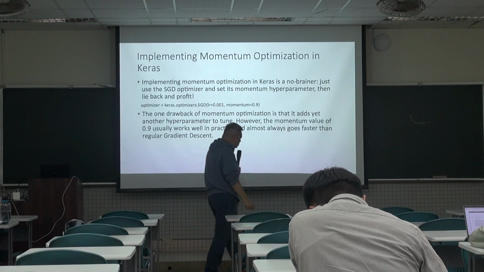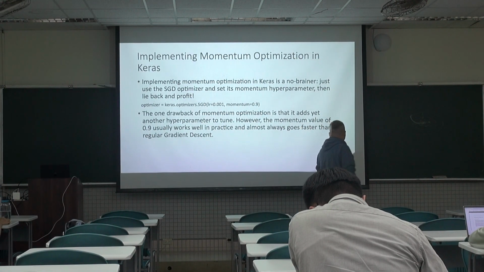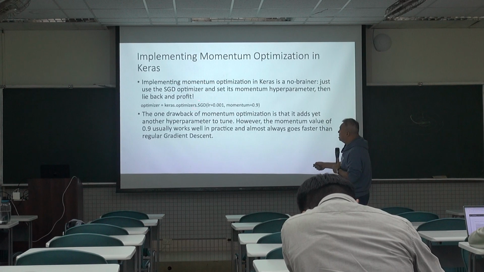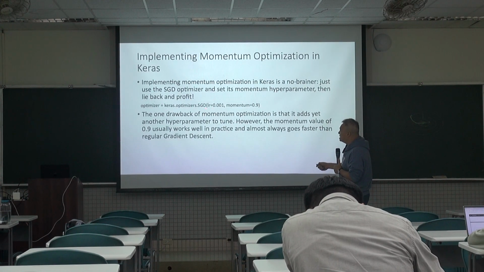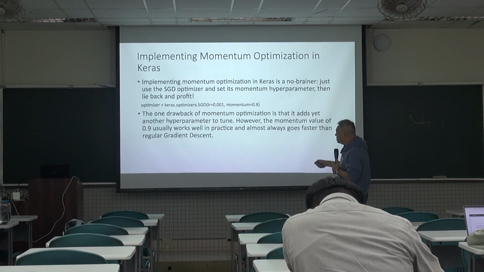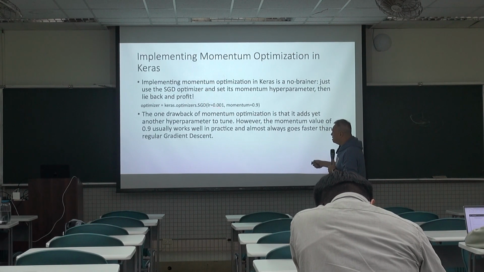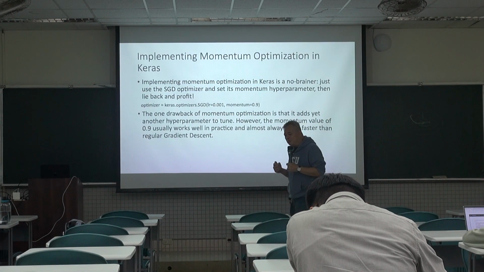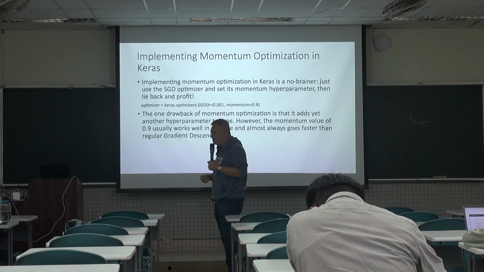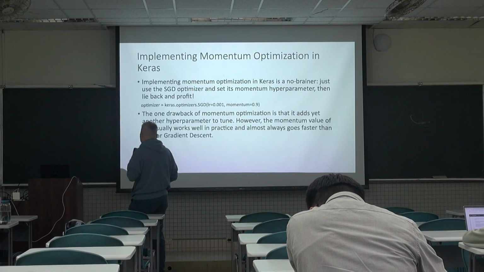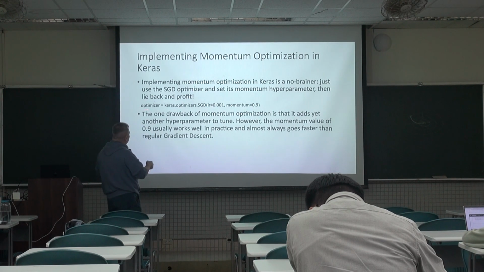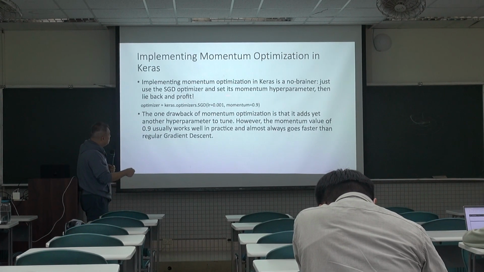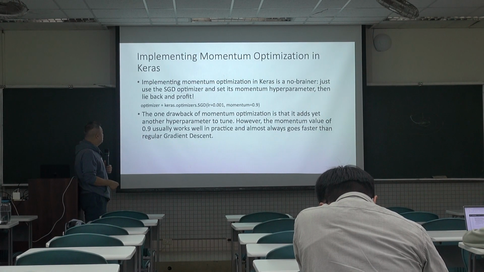In order to implement momentum in Keras, it's very easy. You still call it SGD, but here not only do you provide the learning rate, you also provide momentum equal to 0.9, which indicates the value of that momentum or friction hyperparameter. Then Keras will know that you are talking about the momentum optimizer.